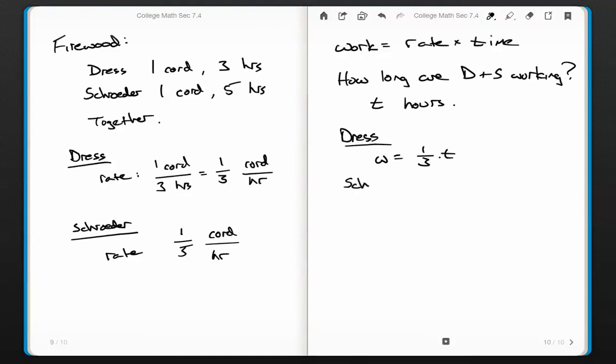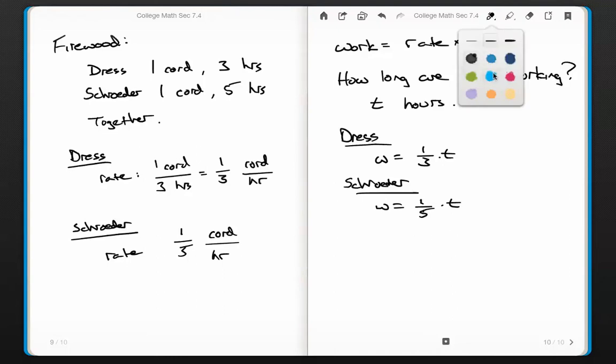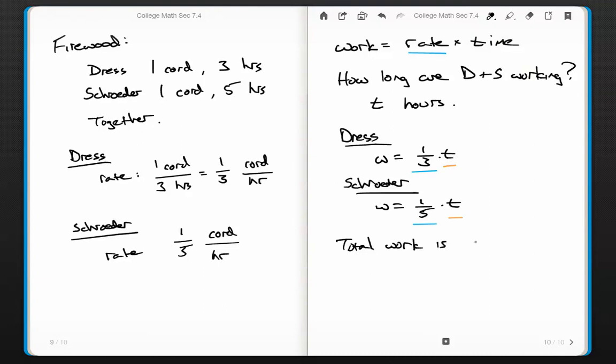Schrader, his work is 1/5 times T hours. Right? So again, it's rate times time. We don't know what the time is. So the total work, though, is 1 full cord.